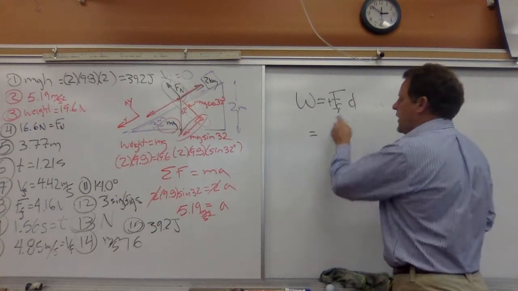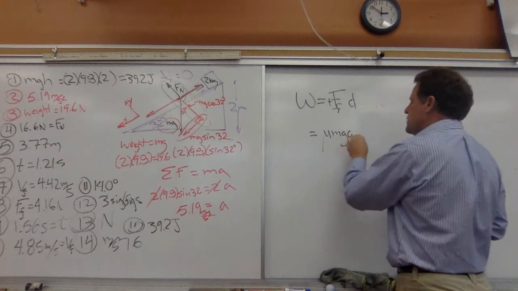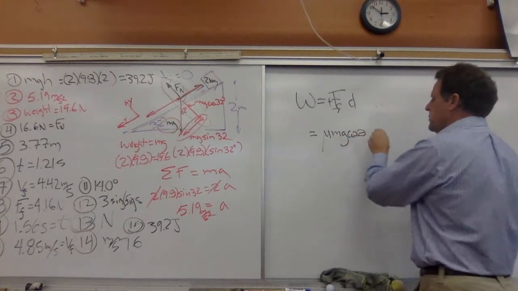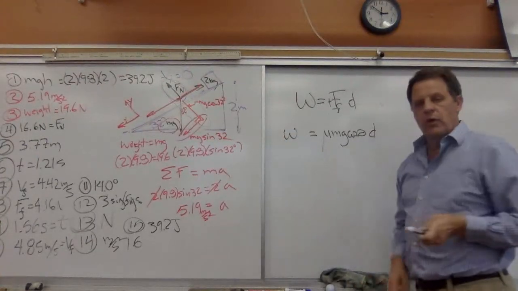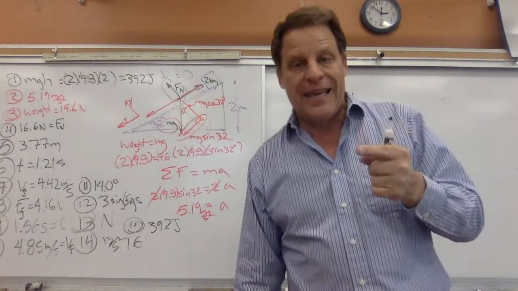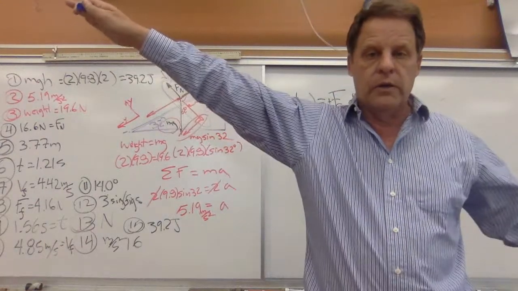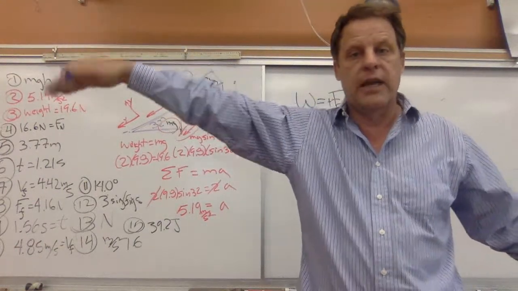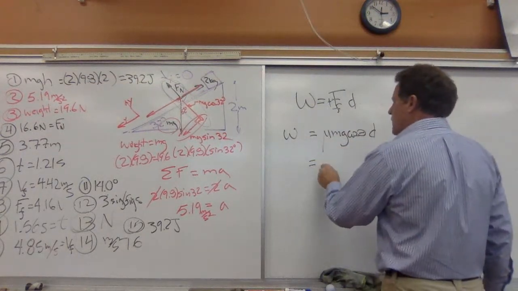Remember that our force of friction is mu mg cosine theta, but now we're just going to multiply by that distance. We've already taken into account the cosine. The cosine would be 180, so that gives us the negative times the negative. We can think about it in different ways.